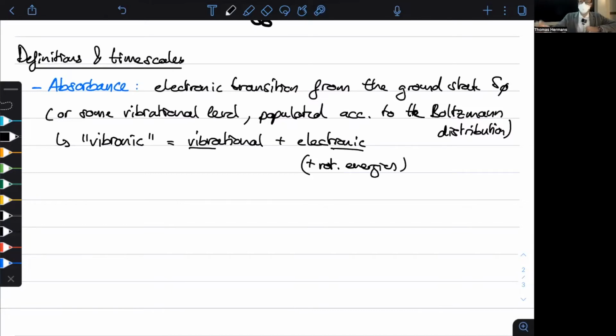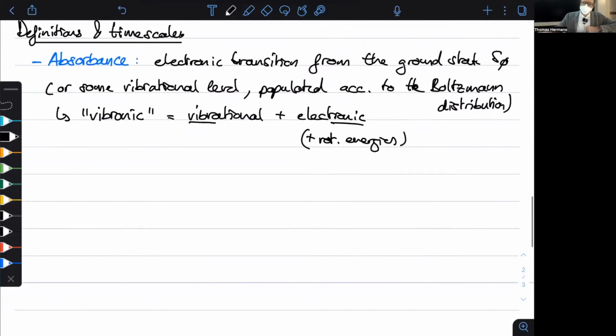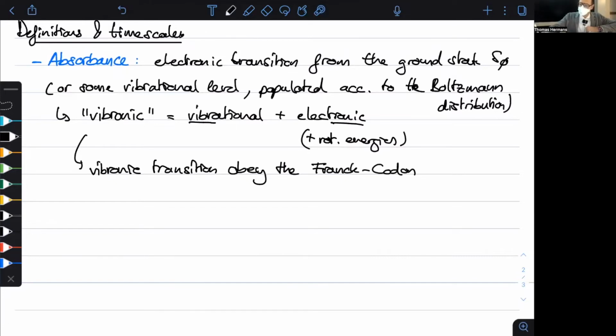But because they are so small in between the vibronic states, people don't really care about them too much. And so these vibronic transitions obey the so-called Franck-Condon principle. We'll call it FC.